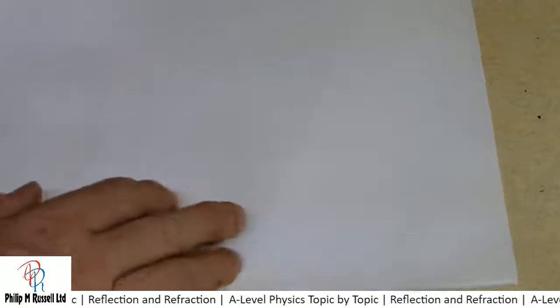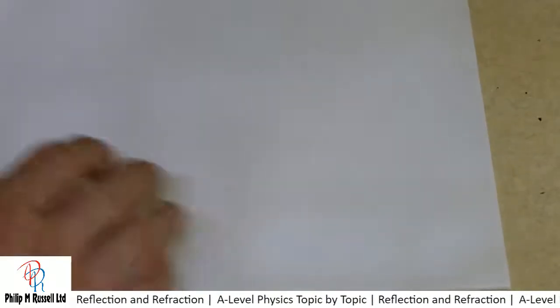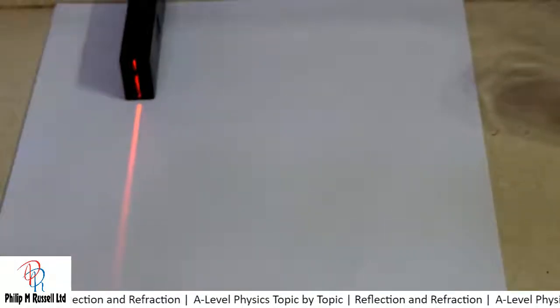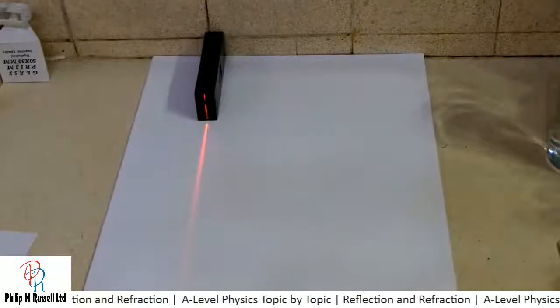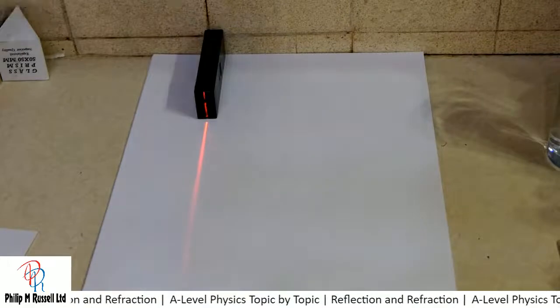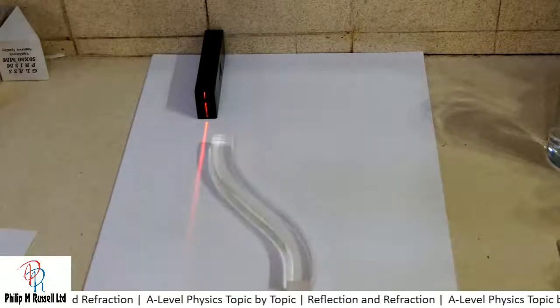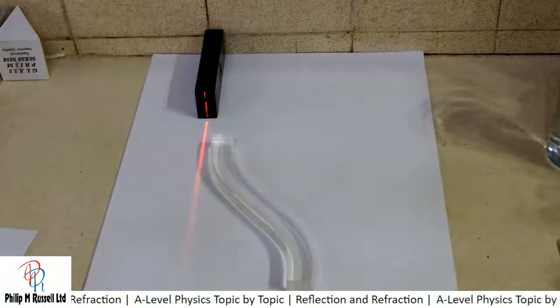Let's set the experiment up a different way round. I'm going to take my light and I'm now going to shine it at the camera, and instead we're going to use a piece of plastic like this. And what we're going to do is lower the camera again.